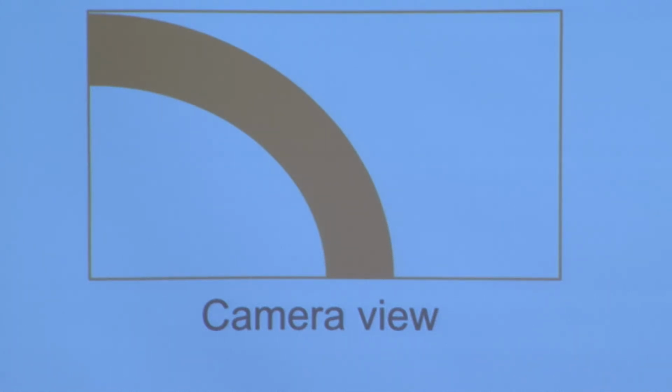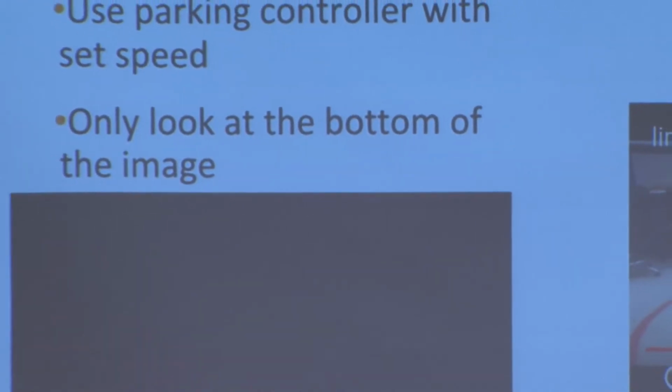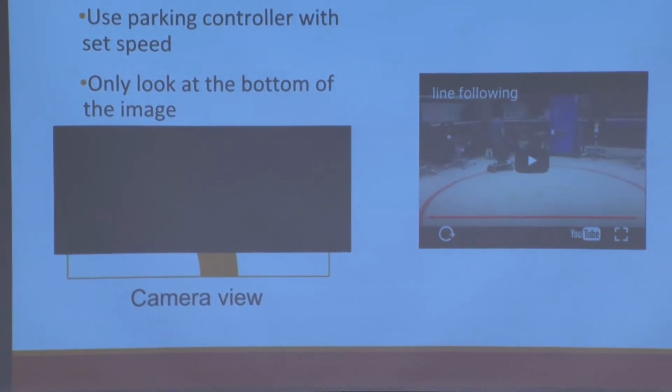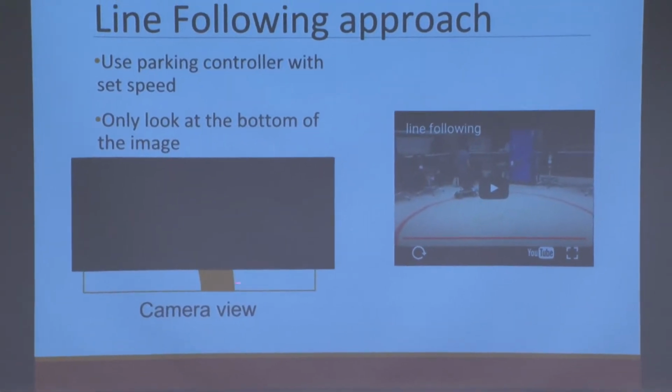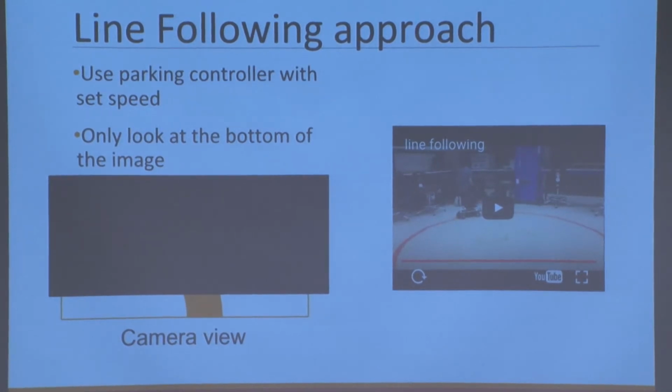So what I did was chop the top half of the image off. Then, as the car was driving, it was always just trying to visual servo, but for something directly in front of it.